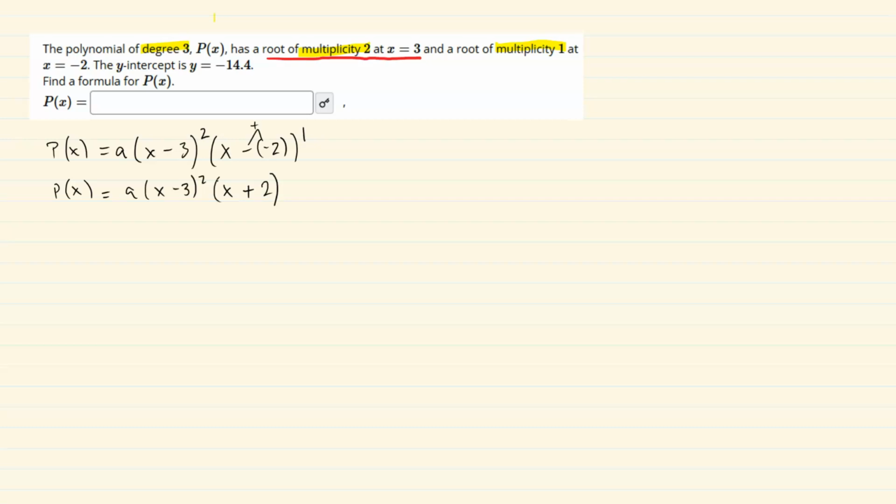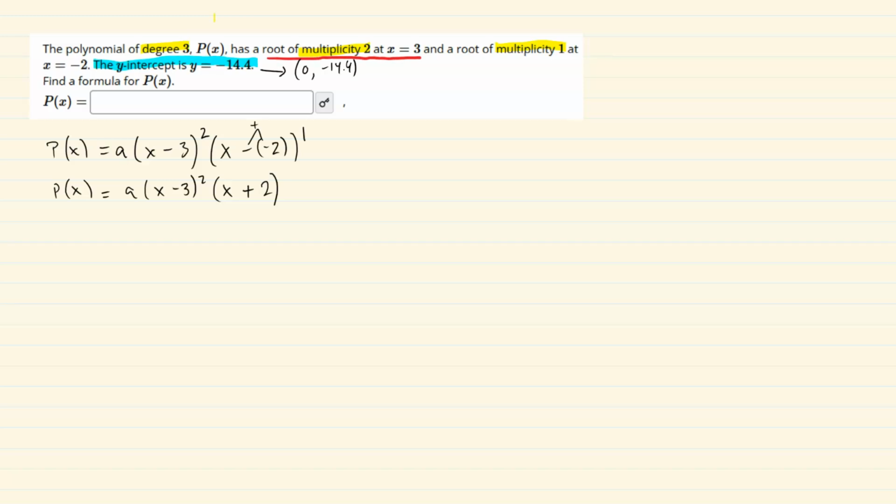But there's one other piece of information that we have. In order to solve for that leading coefficient a, which we don't know what a is yet, we have to use this last piece of information, the y-intercept. The y-intercept is y equals negative 14.4. So that gives us an ordered pair. The y-intercept is where x equals 0. So that y-intercept gives us the ordered pair (0, negative 14.4).